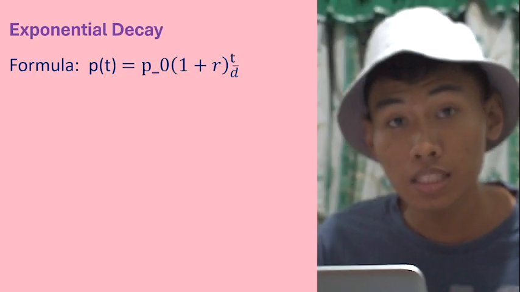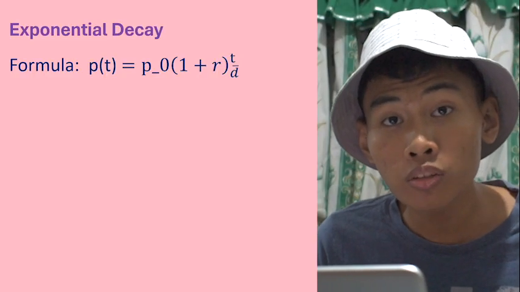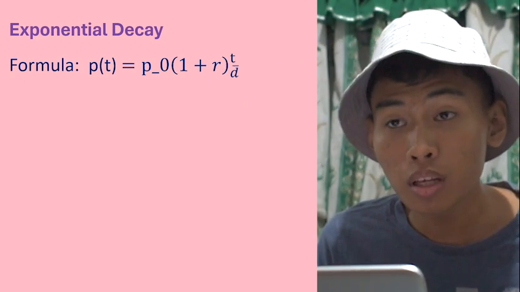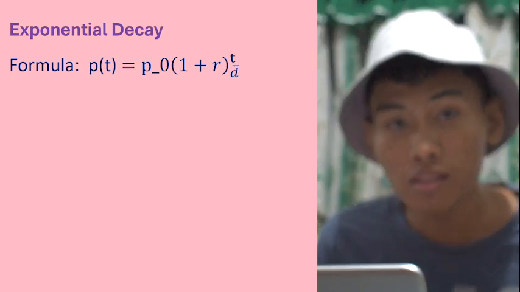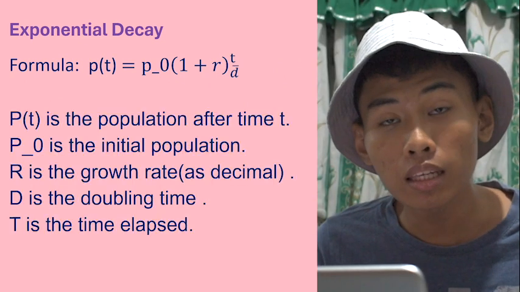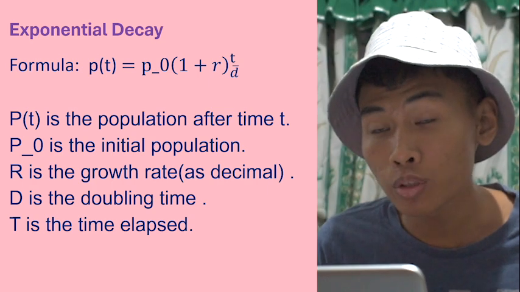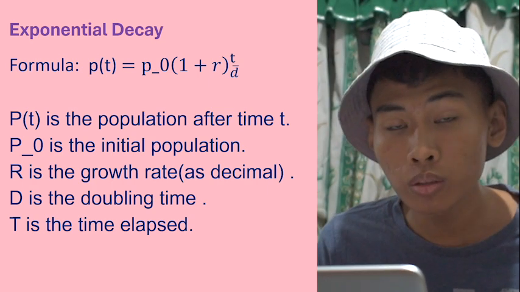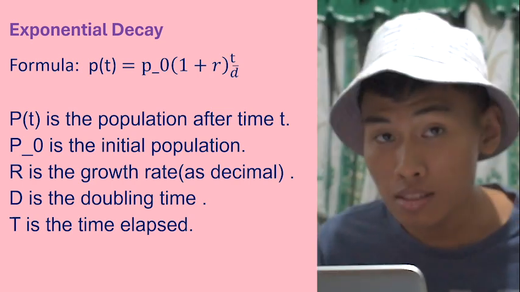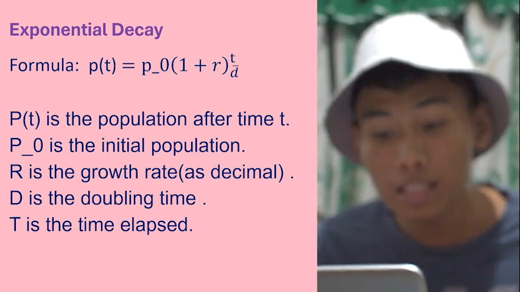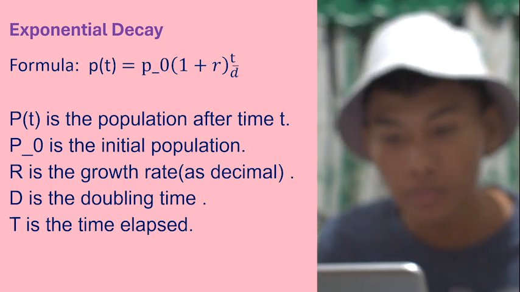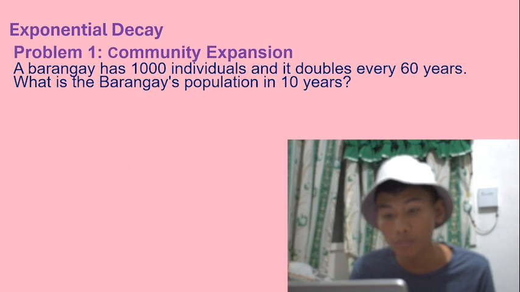P of t equals P sub 0 times (1 plus r) raised to t over d, wherein P of t is the population after time t, P sub 0 is the initial population, r is the growth rate in decimal form, d is the doubling time, and t is the time elapsed. So, here's problem 1.